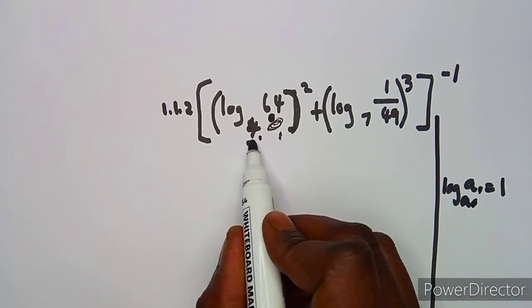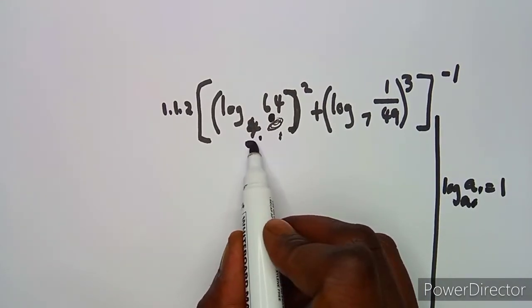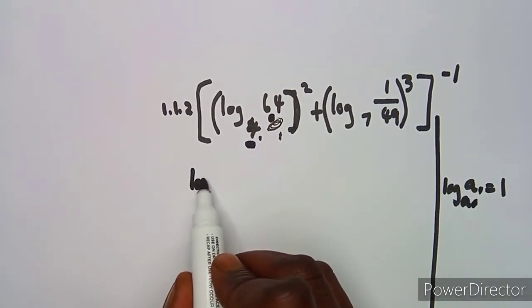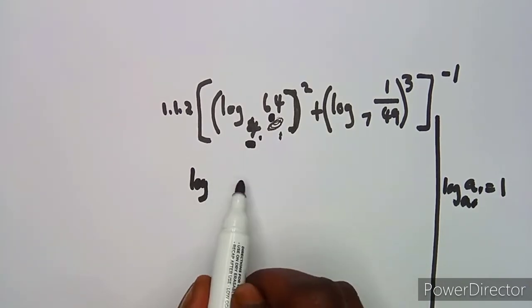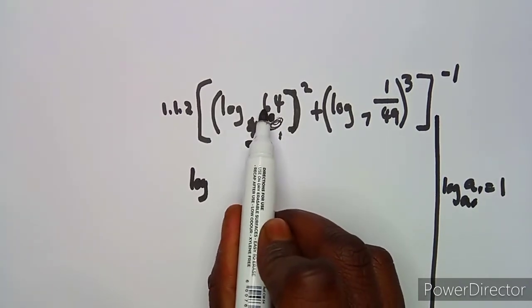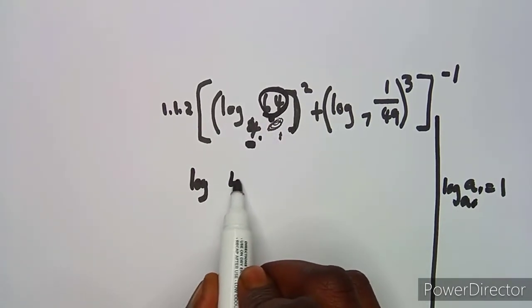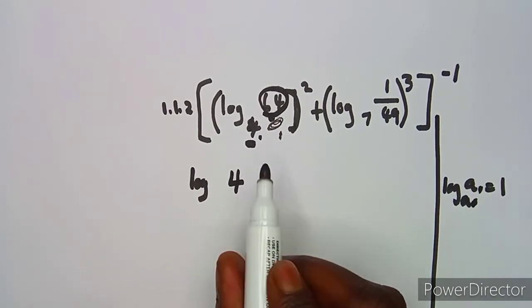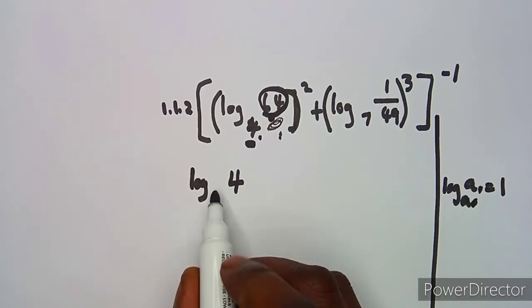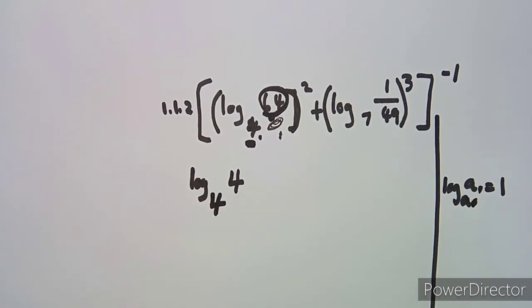So already we have got a guidance, which is this base here. So we are going to write this 64 in base of 4. So this will be 4 to the exponent of 3. Take note, guys, we need to write 64 in terms of 4.